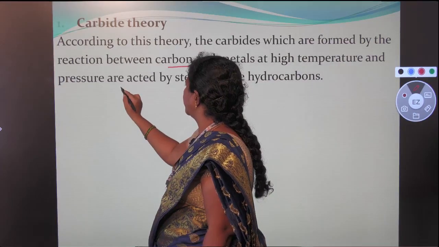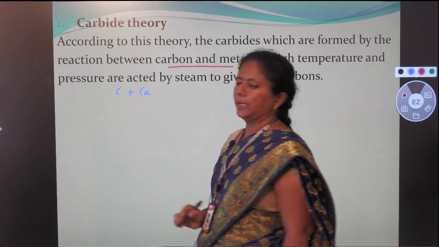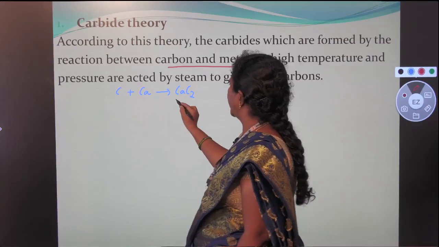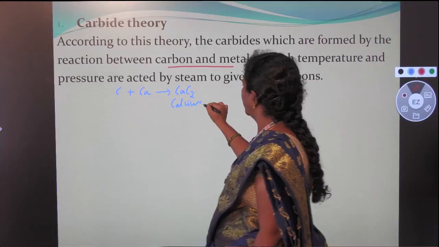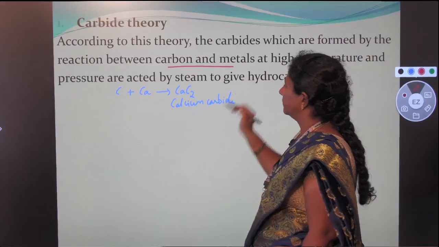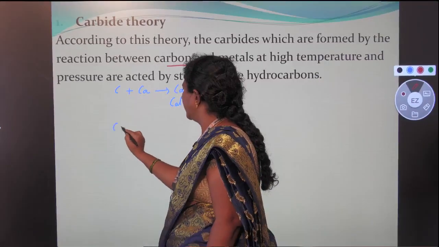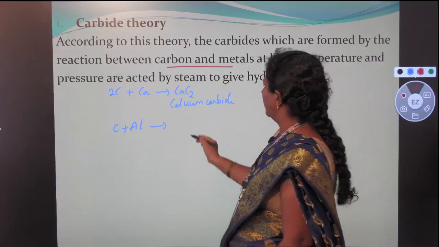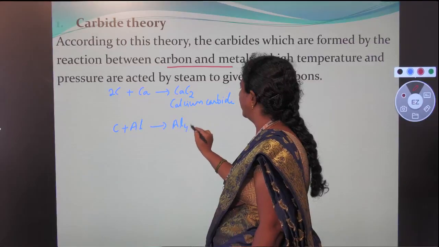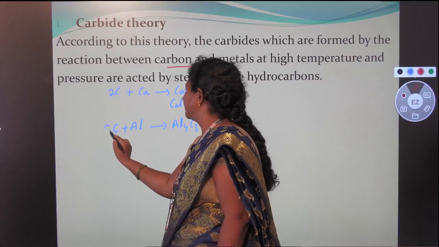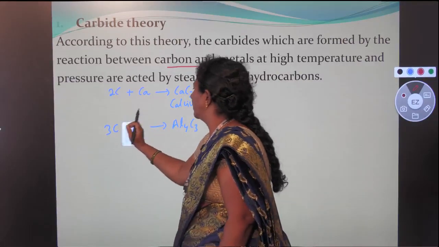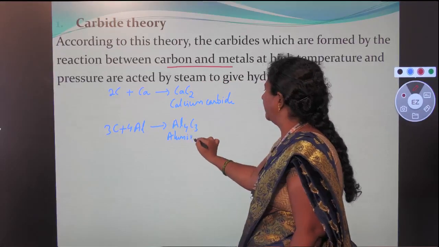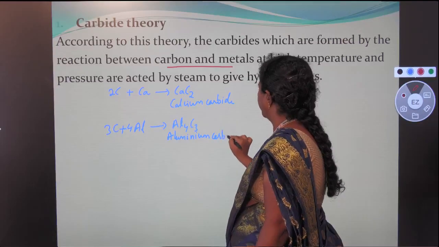So, reaction between carbon and metal gives rise to CaC2, calcium carbide, as well as if you take the reaction of carbon with aluminum, it gives rise to aluminum carbide, Al4C3.